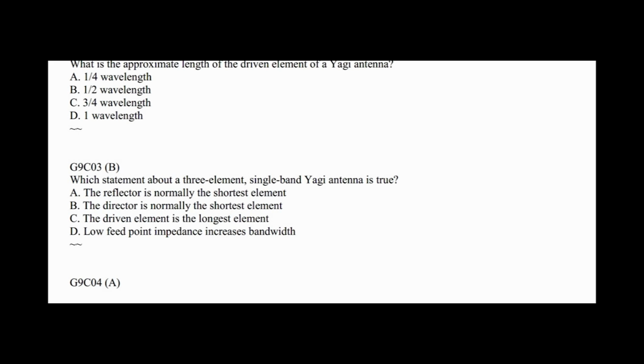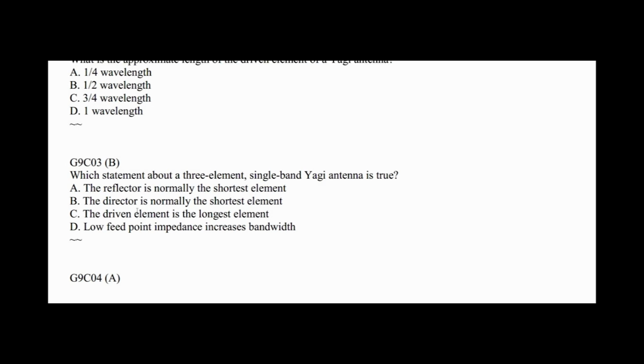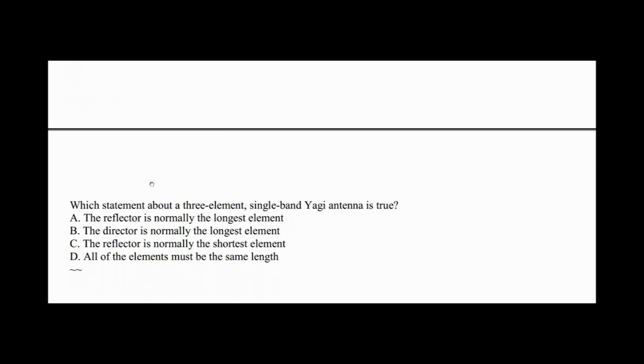G9C03, which statement about a 3-element single band Yagi is true? In a Yagi antenna, the longest element is the reflector. The driven element in a 3-element Yagi is in the middle. The shortest element, the one at the end in the direction it's pointing, is called the director, and that's the shortest element, B. G9C04.